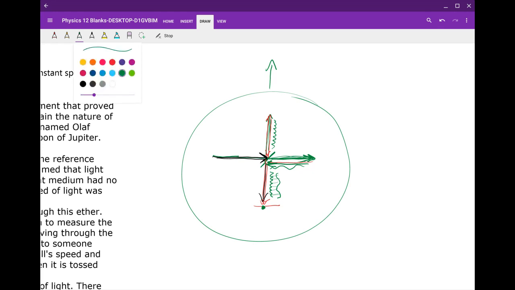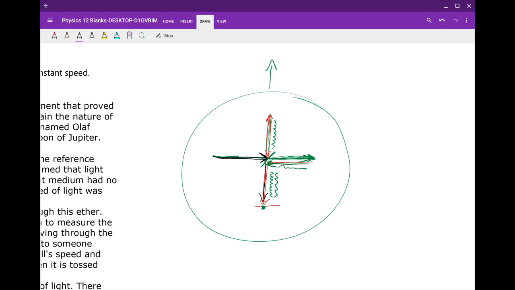But as it turns out, this did not happen, and they realized that the light ends up coming back at the same frequencies. Same frequencies in both cases.